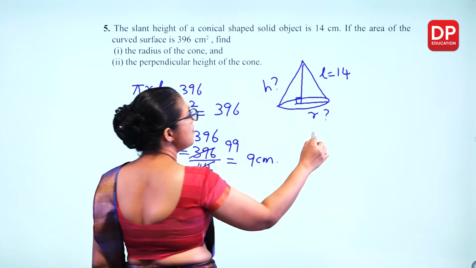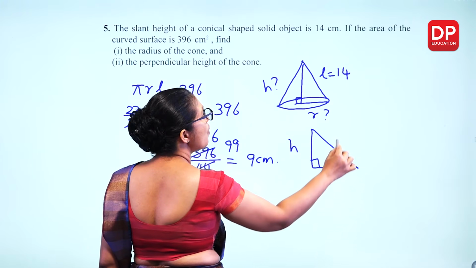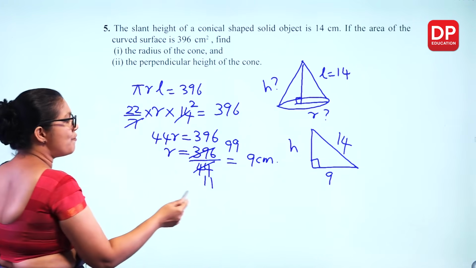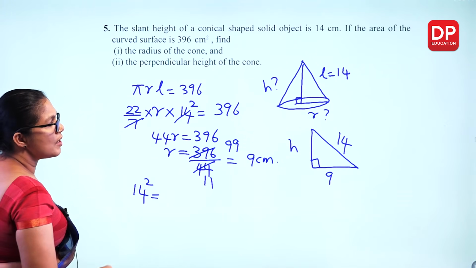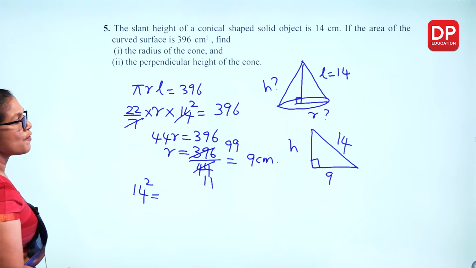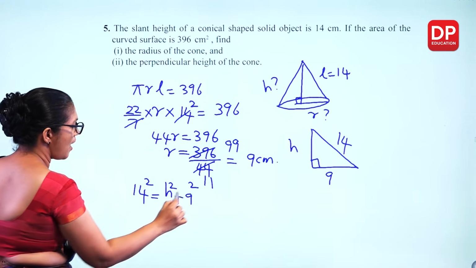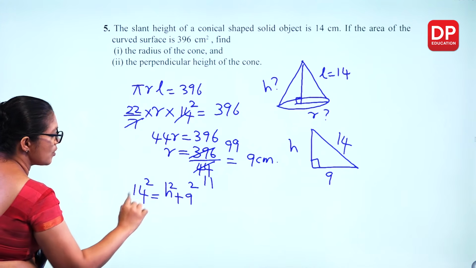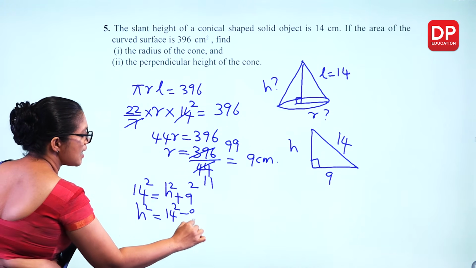Use this diagram. According to Pythagoras theorem, 14 squared, that's the hypotenuse squared, is equal to the sum of the squares of the other two sides, h squared plus 9 squared. So you can take h squared as 14 squared minus 9 squared.